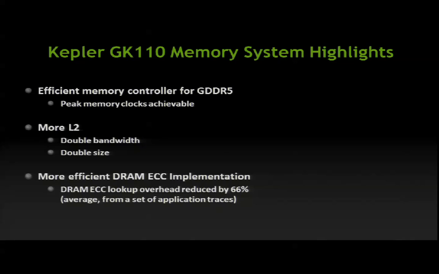So other kind of cool features: we have a more efficient memory controller. That means we have higher bandwidth to global memory. We have more L2 cache, so chances are higher that you will find your data actually in the L2 cache. But keep in mind, caches, again, it's not like on a CPU where you're doing cache blocking to make sure that your data sits in cache.